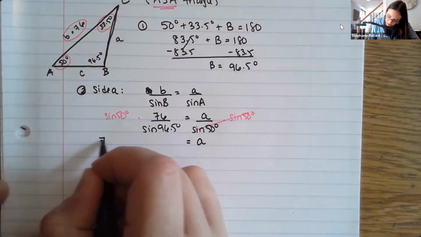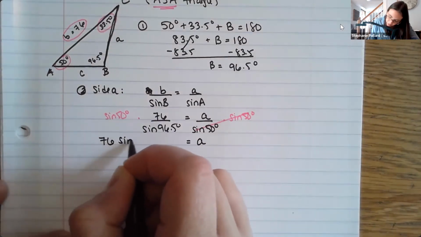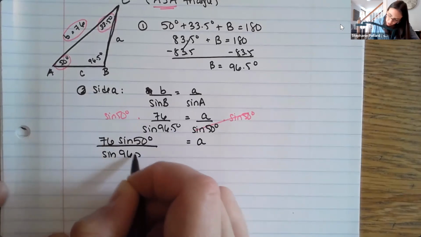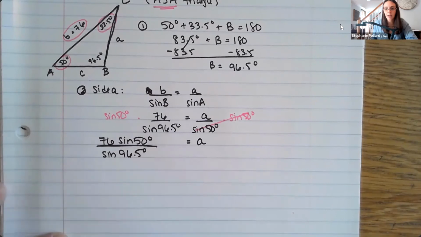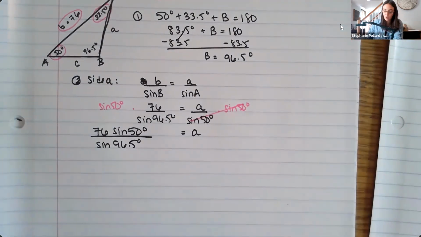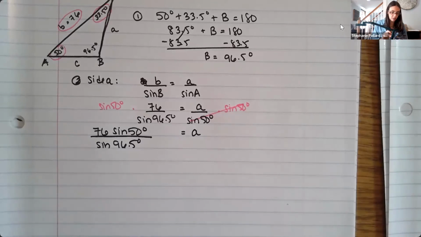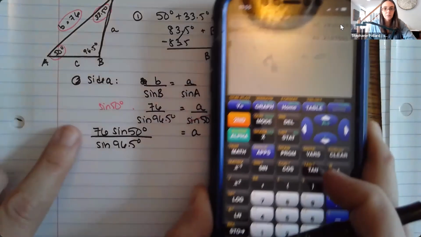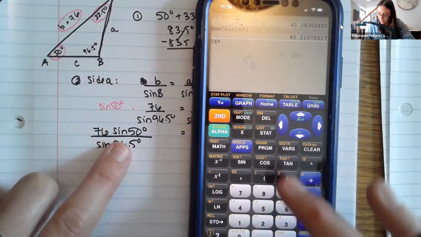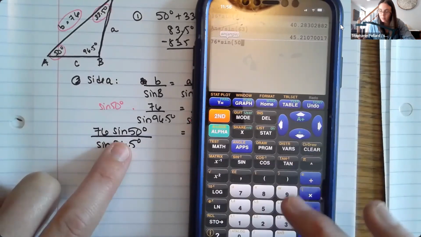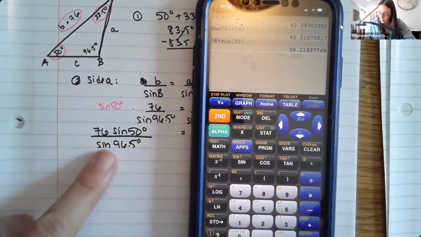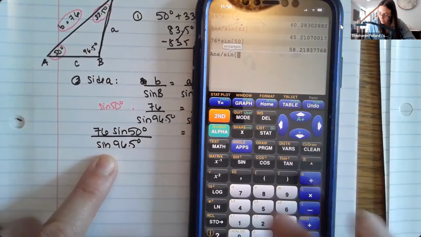So we have 76 times sine of 50 degrees over sine of 96.5 degrees. And remember, if there's no symbol in between, it's automatically multiplication. So again, you're just going to go ahead and use your calculator here. We can do this one together again. So I have 76 times sine of 50. And remember, just make sure you're in degree mode here. And then we're going to divide that by sine of 96.5.